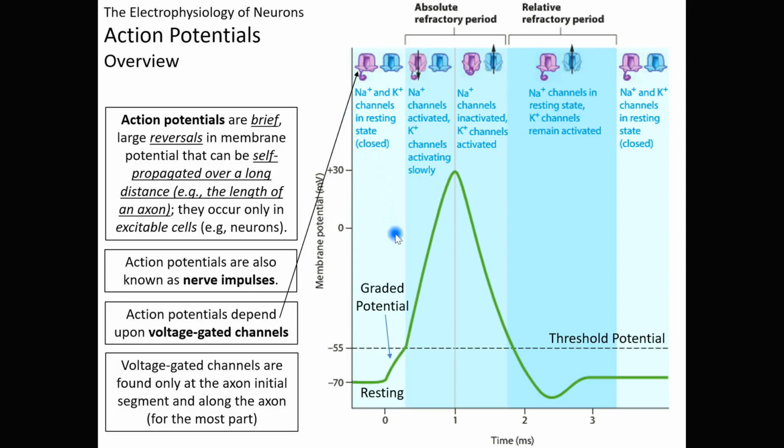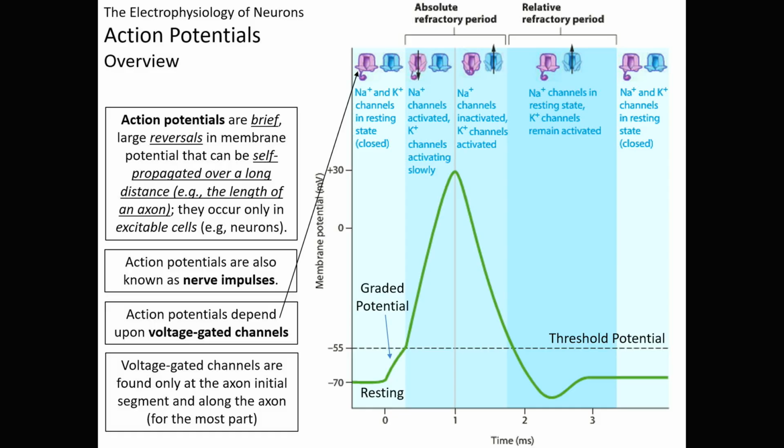However, at the point where the graded potential gets us to the threshold potential value, that is when these voltage-gated channels are going to be signaled to open. So we know that the stimulus for a voltage-gated channel is a change in membrane potential.